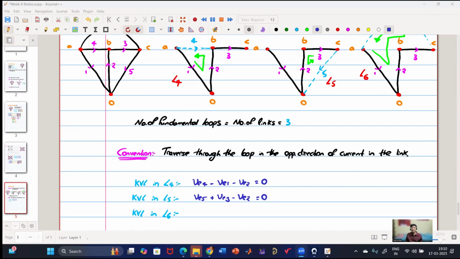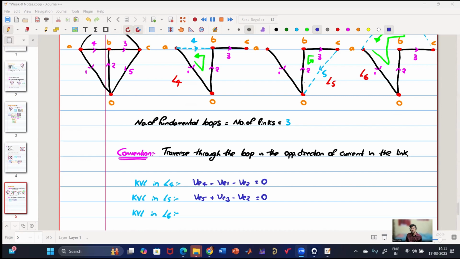So we are going from B to O or O to B? How are we traversing through the loop? B to O. So are we going to a higher potential or a lower potential?